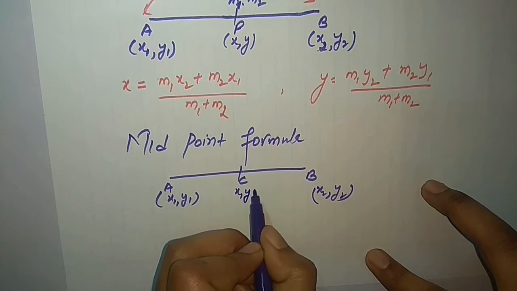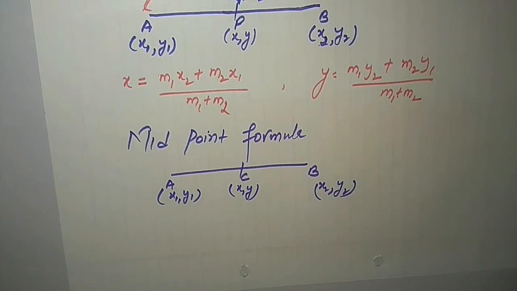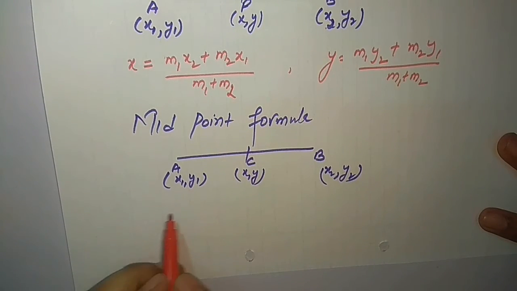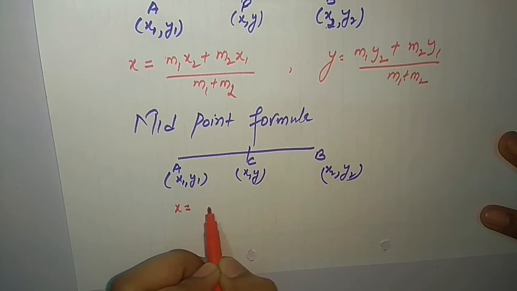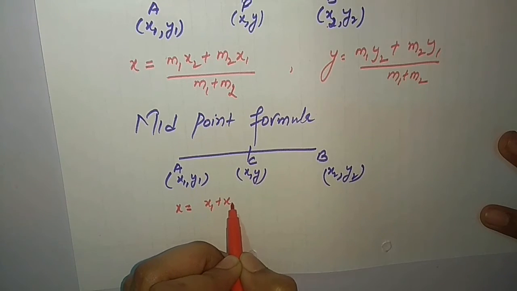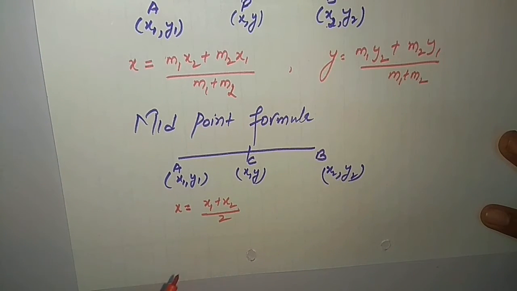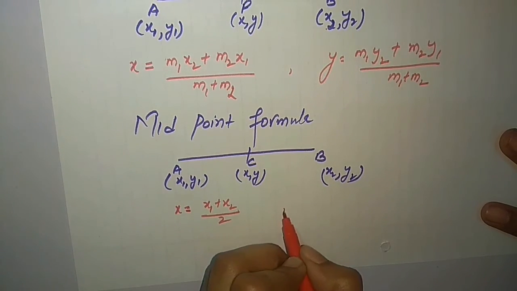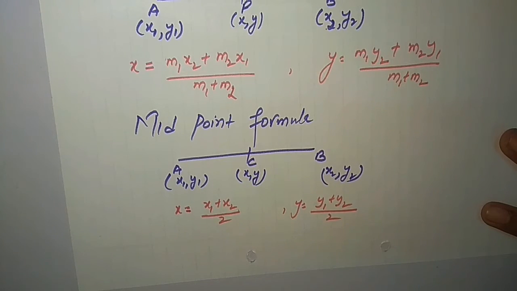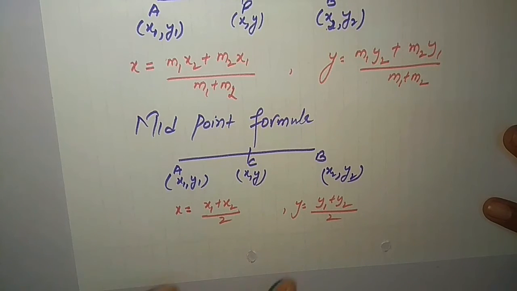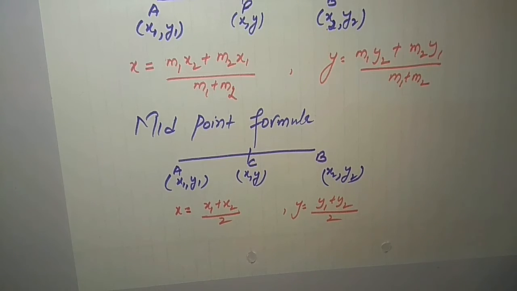Now we can find the coordinates of C by using the midpoint formula: x is equal to x1 plus x2 upon 2, which seems like an average. And y is equal to y1 plus y2 upon 2. This is the midpoint formula. By this we can find the coordinates of C. So the whole exercise 7.2 is based on these two formulas.